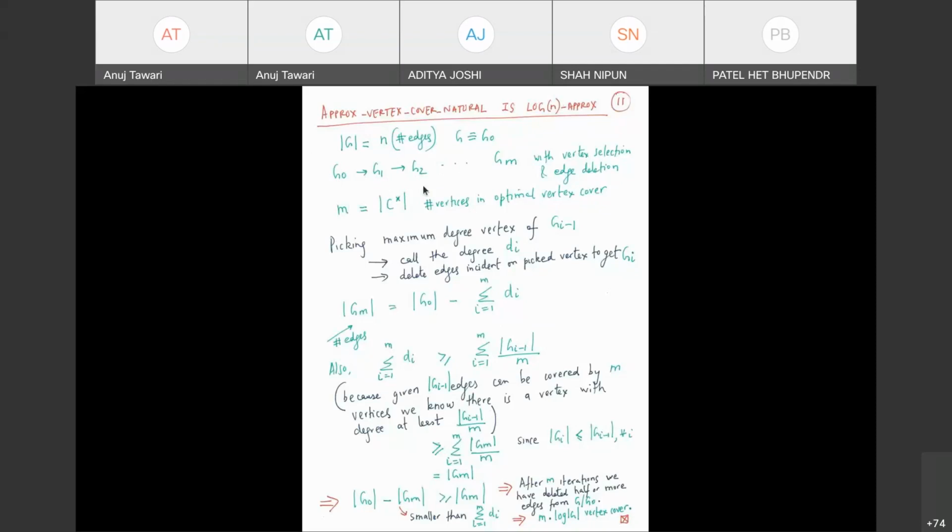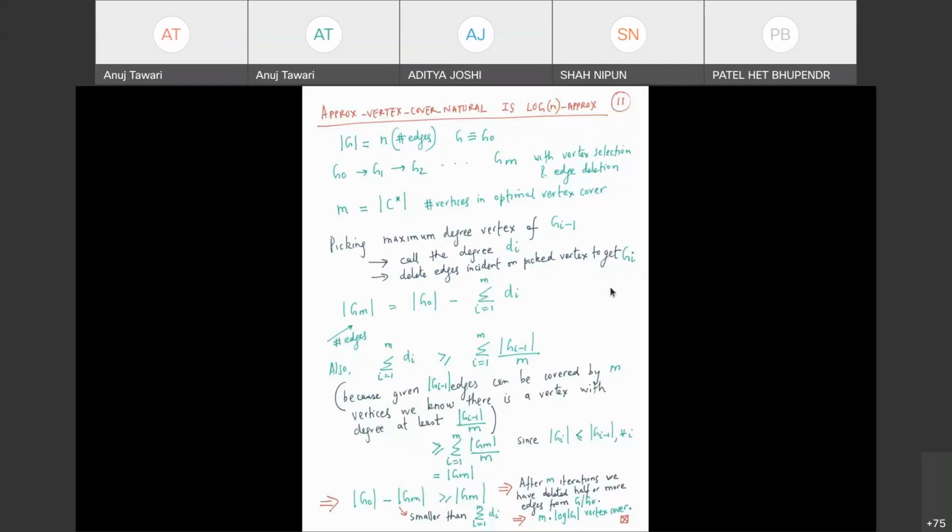And then what we are doing is that we pick a maximum degree vertex of G i minus 1. So initially i is 1, and we pick a maximum degree vertex of G naught and call that degree, let's say D naught, and delete edges incident with them to get this new graph, Gi.